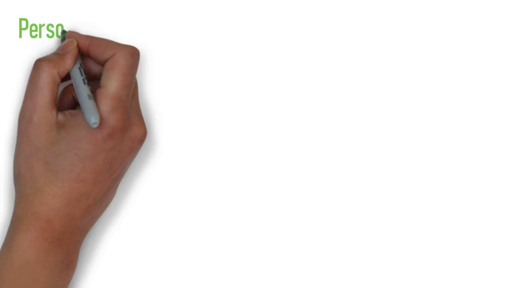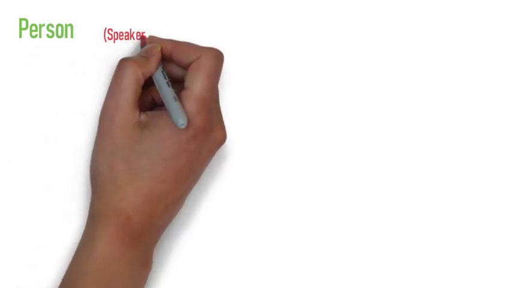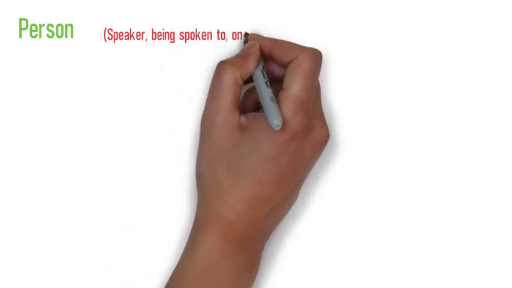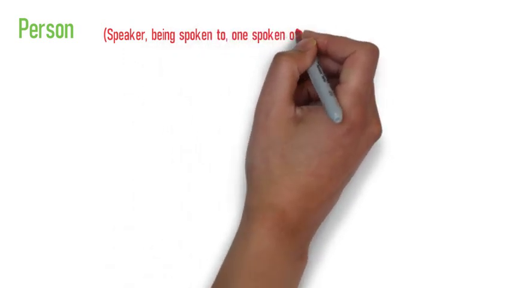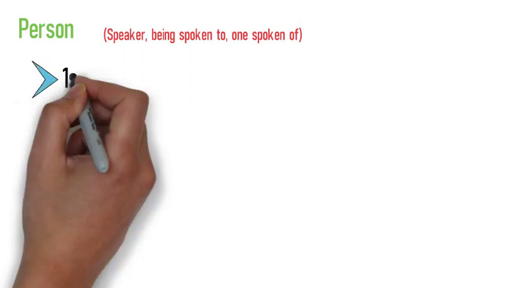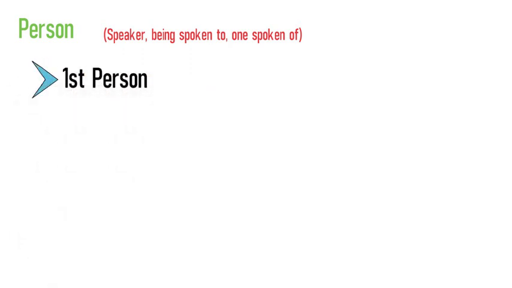The next property of noun is persons of noun. This property of noun distinguishes the speaker, the person spoken to, and the person or thing spoken of. Let's understand it carefully. There are three persons: first person, second person, third person.